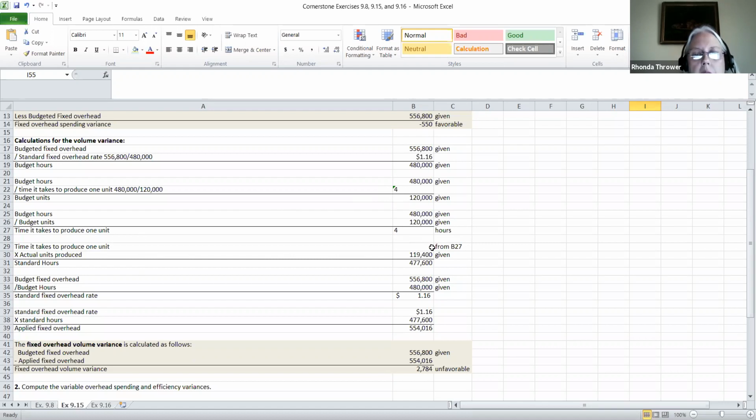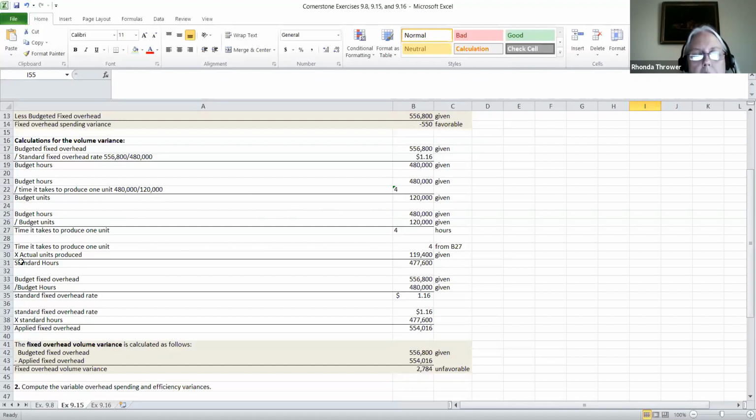Again, I got that by dividing the 120,000 units that we budgeted for into the budgeted hours. So that gives you 4 hours per unit. That's the time it takes to produce 1 unit.